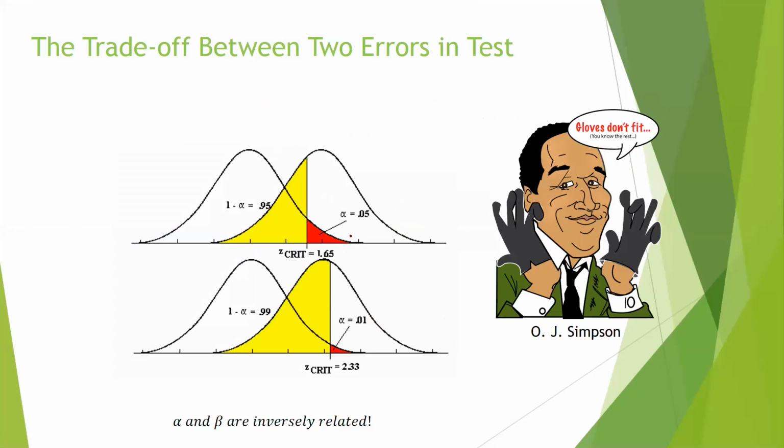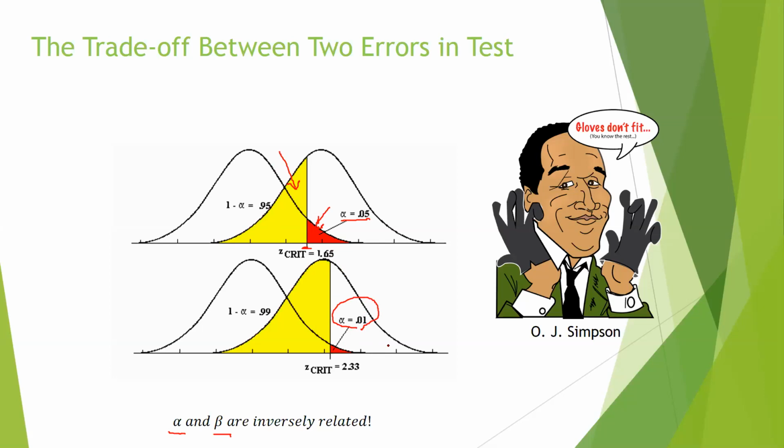Okay, so as you can see, type 1 and type 2, alpha and beta, are inversely related. For example, if we use the cutoff here, which is alpha equal to 0.05, as a selection criterion, this is the type 1 error and this is the type 2 error, right? But if we want to reduce the type 1 error, say we use alpha equal to 0.01, we truly reduce the type 1 error.